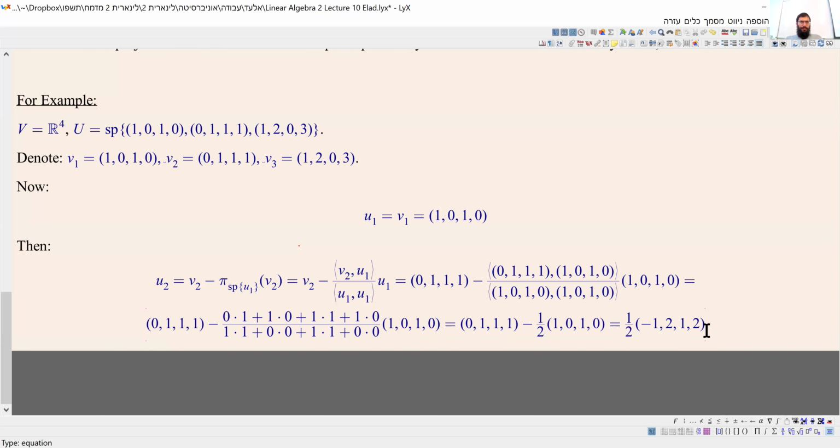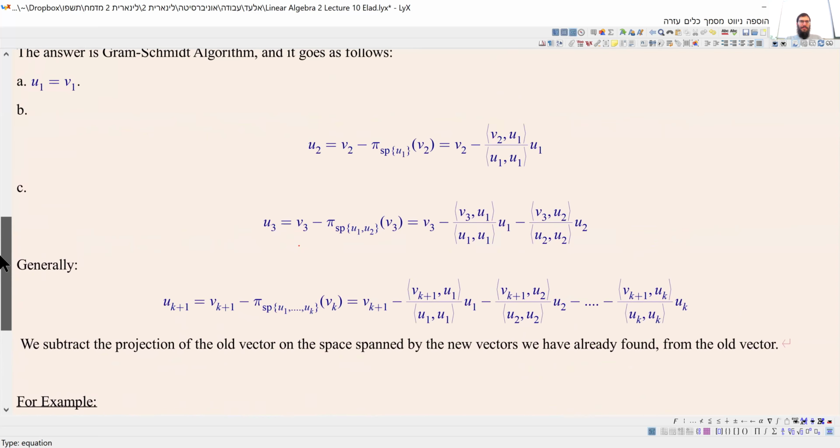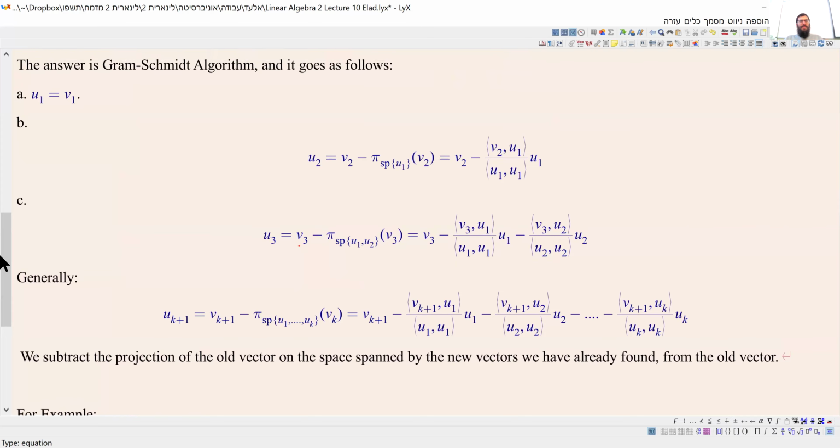We can always use the previous part of the algorithm to help us on the next parts. It's not just that we can use it, we have to use it. It's iterative. We can just copy the part of U1, because of the inner product with the next vector.